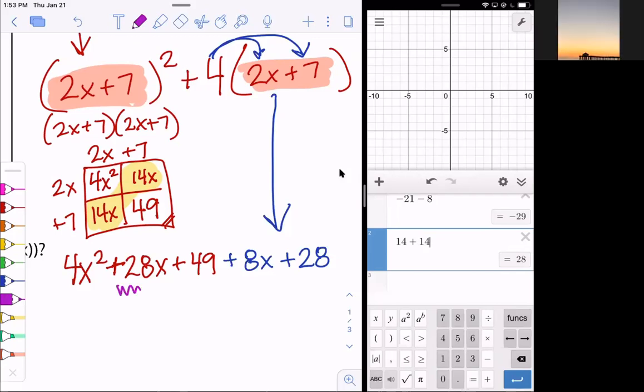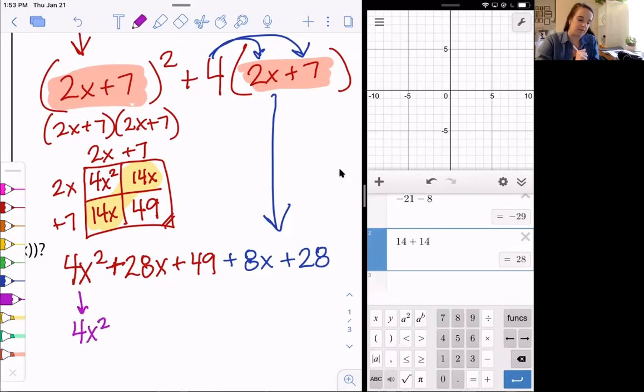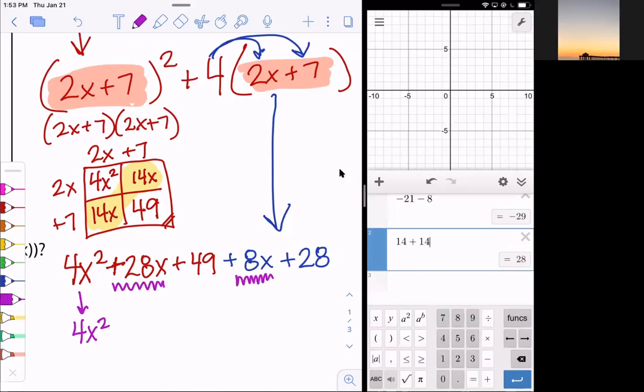Let me start off. You drop down 4x to the power of 2. Okay, and then you do the x's and then the numbers. So the x's and the 28, number. 28 plus 8, and that would be 36x. And then 49 plus 28 is 77.